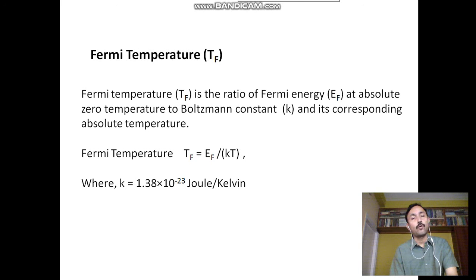So Fermi temperature Tf is equal to Ef by k. k is the Boltzmann constant. Its value is 1.38 into 10 to the power minus 23 joule per Kelvin.